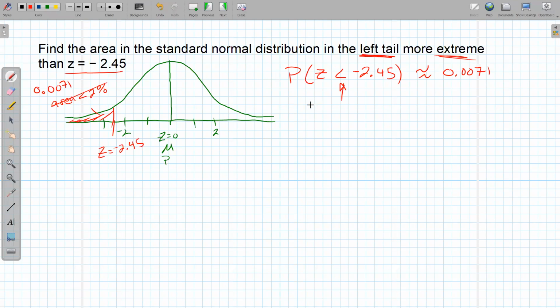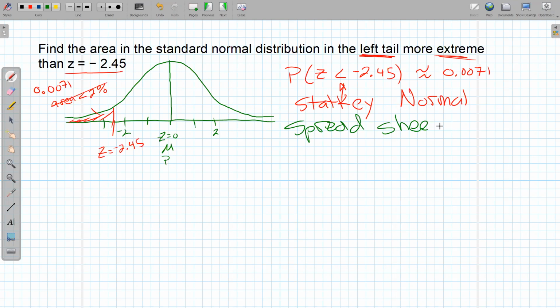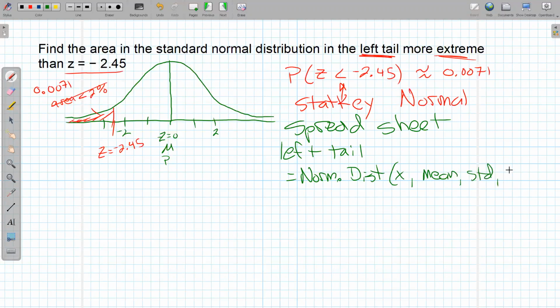StatKey is the easiest way to do this, in my opinion. Alternatively, sometimes we use a spreadsheet. And the left tail probability on a spreadsheet is always NORM.DIST, x, mean, STD, whatever that is, and then true.